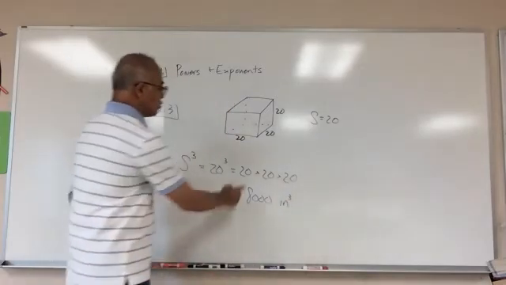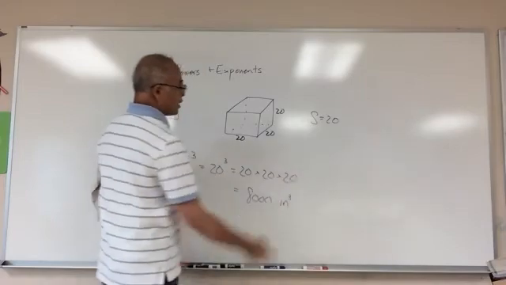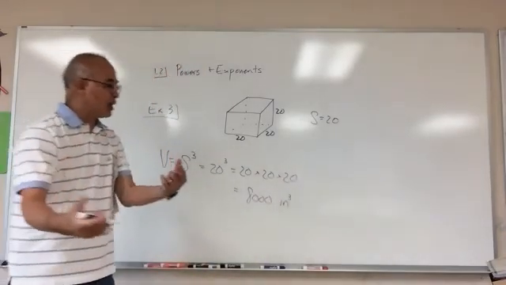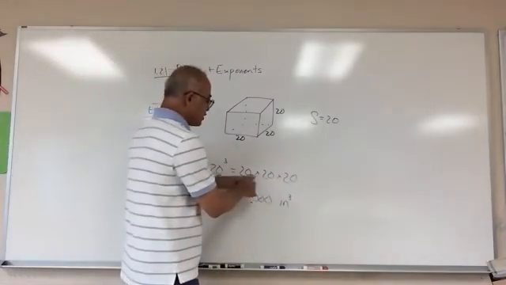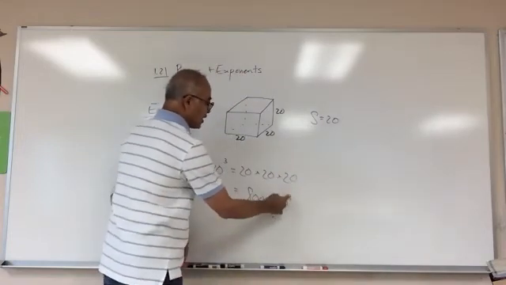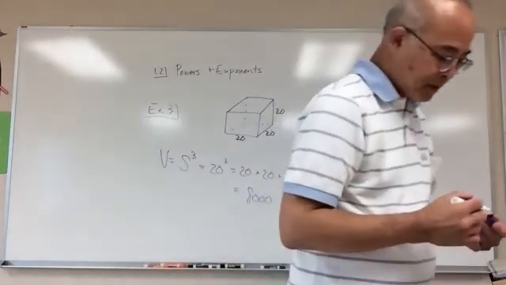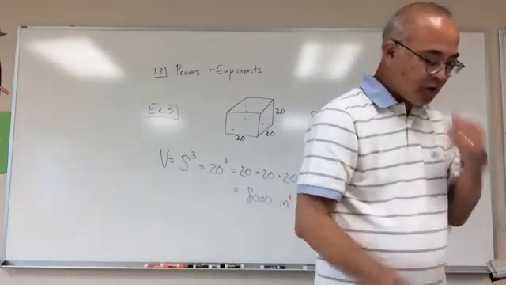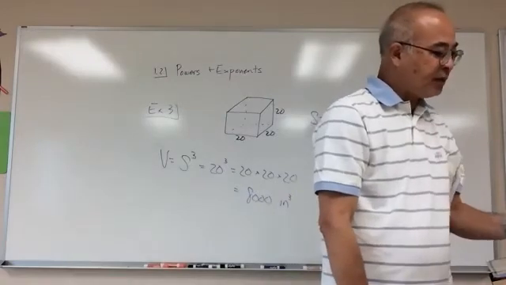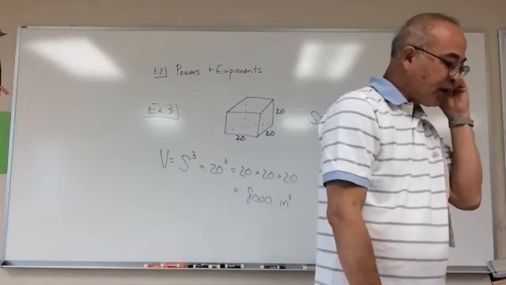Because it is 20 inches times 20 inches times 20 inches. So if you look at the units, I have inches once, twice, 3 times. So I get inches cubed. All right, so that's good. Flip the page. And we are done.